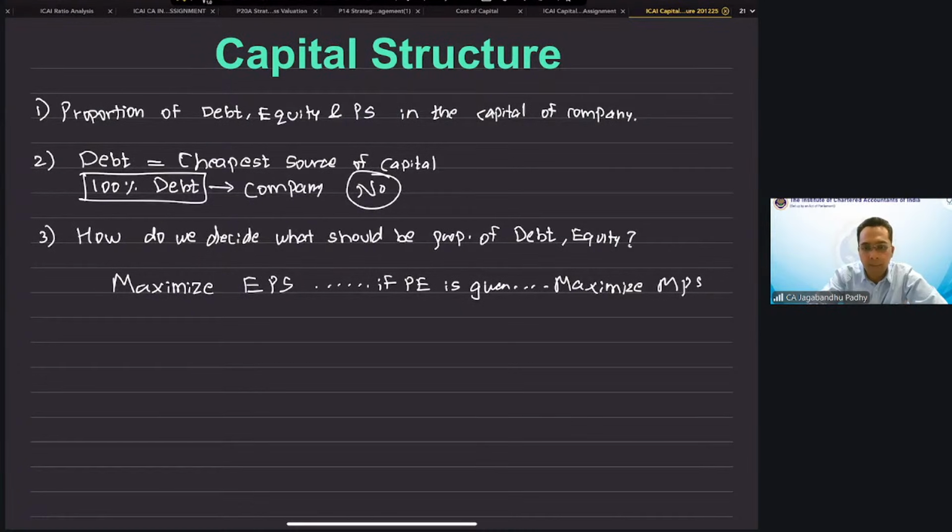Out of the available financing plans, we will choose the one where the EPS is maximum, and if the PE is given, the plan with the highest MPS.